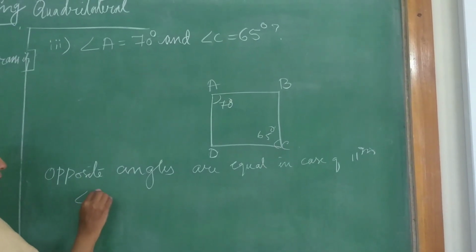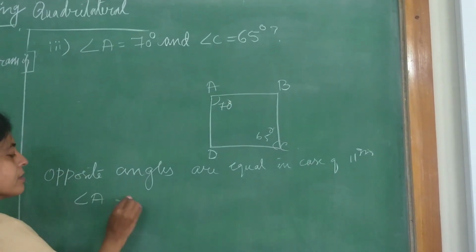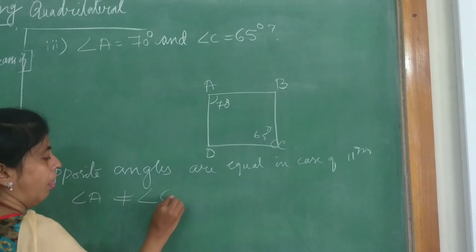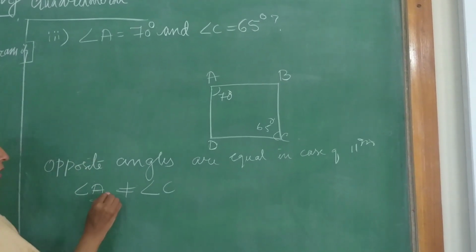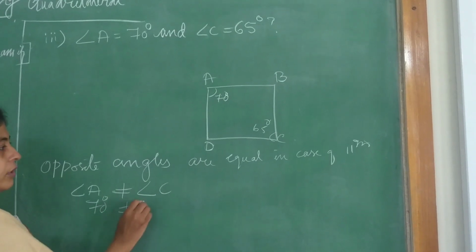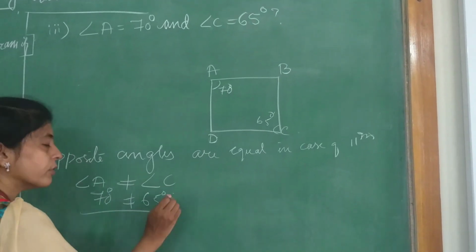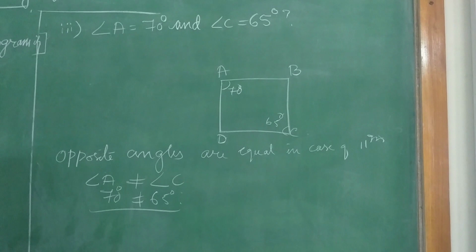Now you can see angle A is not equal to angle C, as this is equal to 70 degrees, which is not equal to 65 degrees. So this cannot be a parallelogram.